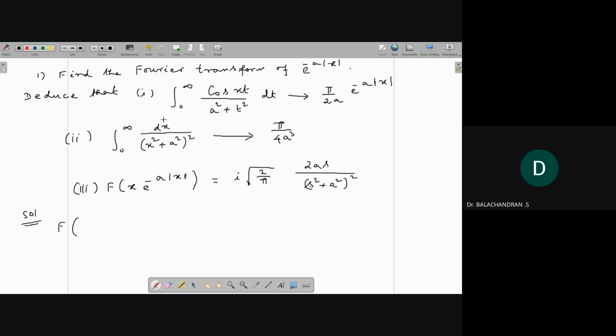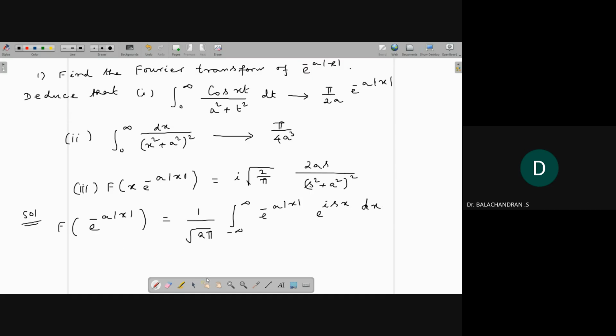The Fourier transform of f of x, which is e power minus a mod x, is equal to 1 by root 2 pi, integral from minus infinity to plus infinity of e power minus a mod x into e power isx into dx.